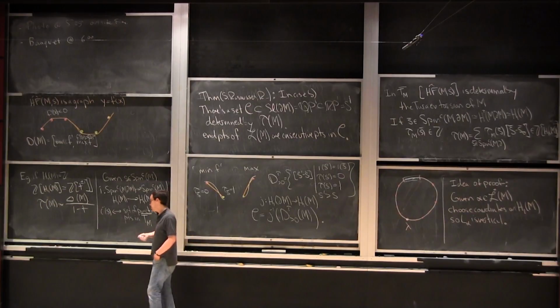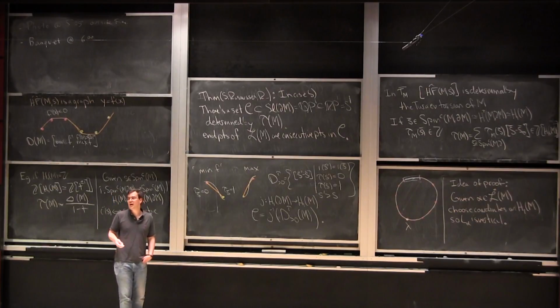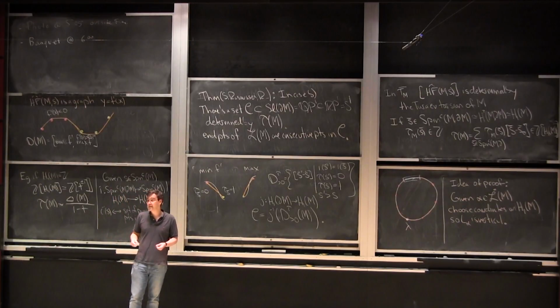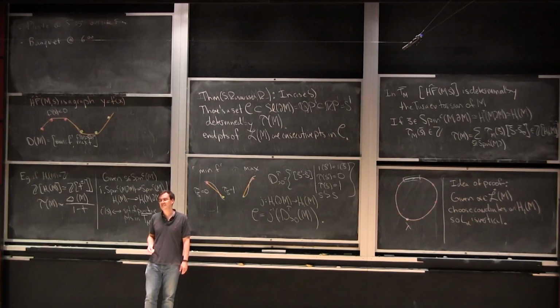Now, if you had a theory that encompassed HF minus, how would you resolve that in this picture? Well, the answer is that you have all of these parallel curves. They're probably going to come with a local system that carries some U's in it. So I think in some sense that's a place where a local system naturally should arise. But there's not any theory to make that work.